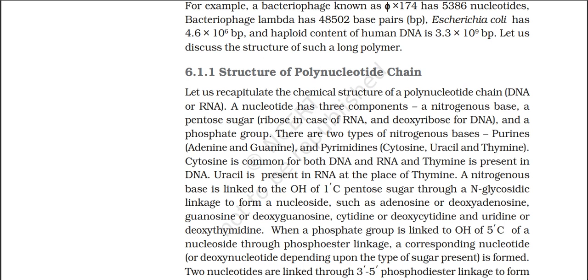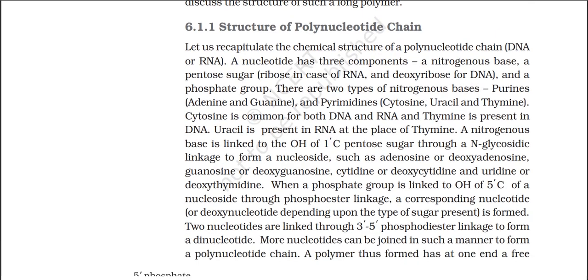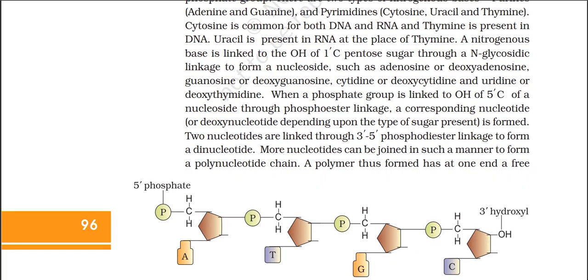When a phosphate group is linked to OH of 5' C of a nucleoside through phosphoester linkage, a corresponding nucleotide, or deoxynucleotide depending upon the type of sugar present, is formed. 2 nucleotides are linked through 3'-5' phosphodiester linkage to form a dinucleotide. More nucleotides can be joined in such a manner to form a polynucleotide chain.